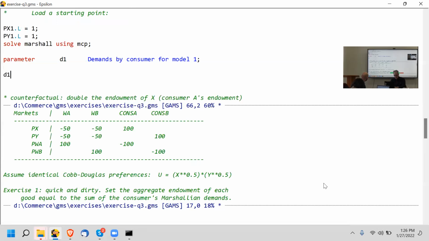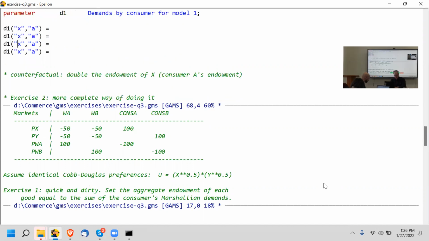That's going to be D1 of X for A, and I'll do all of these. This will be Y, this is B. I'm just doing this in matrix form. And this is going to be equal to 100. The endowment is 100 times cons 1. It's got 100 units of, what are they endowed with here?